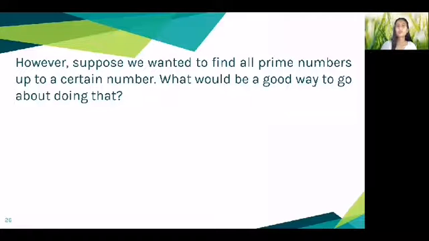However, suppose we wanted to find all prime numbers up to a certain number. What would be a good way to go about doing that? For any given natural number, of course, we could just attempt to divide it by smaller natural numbers.